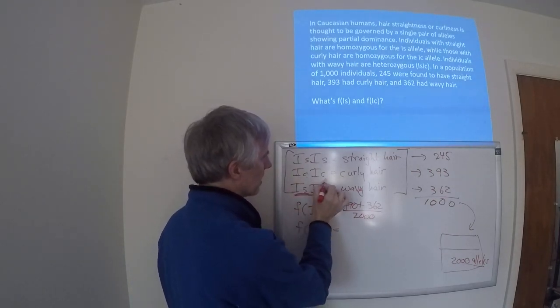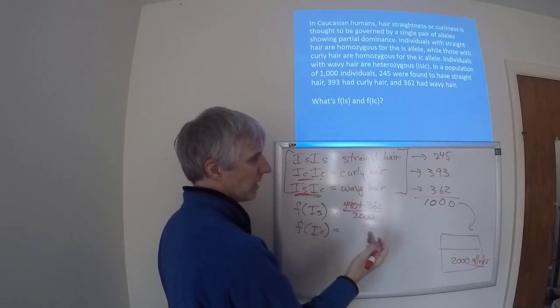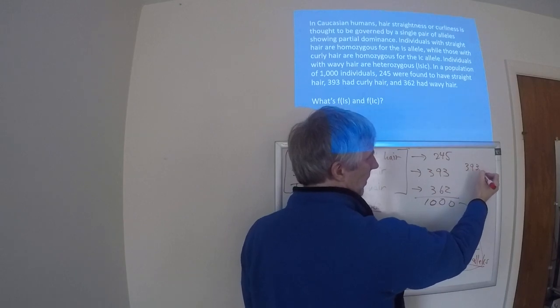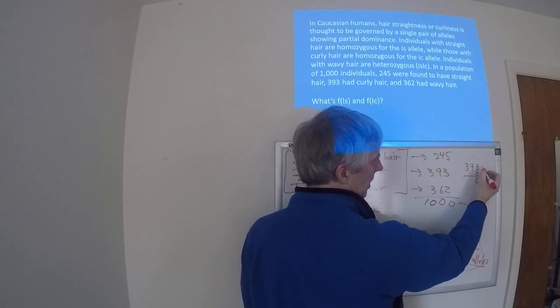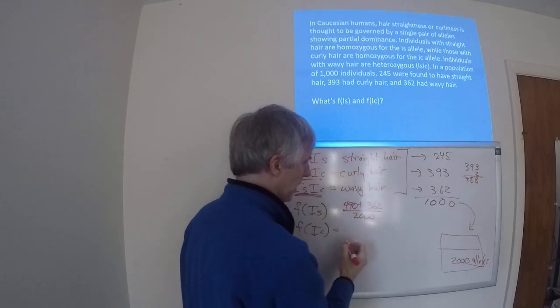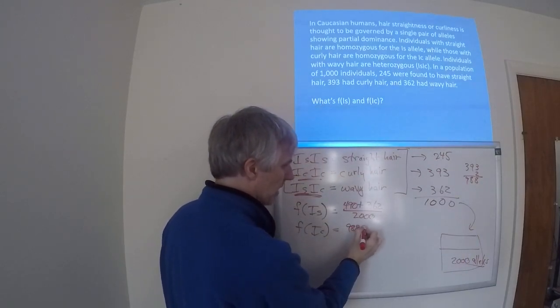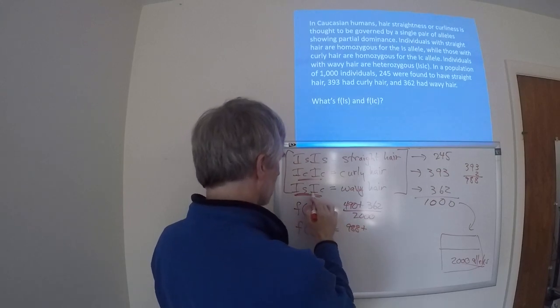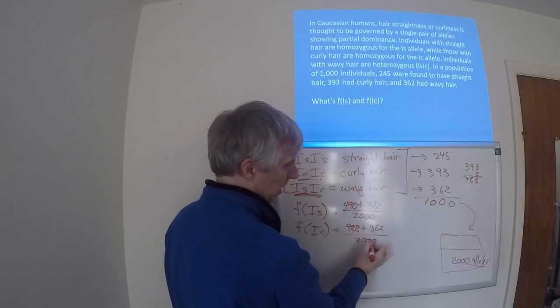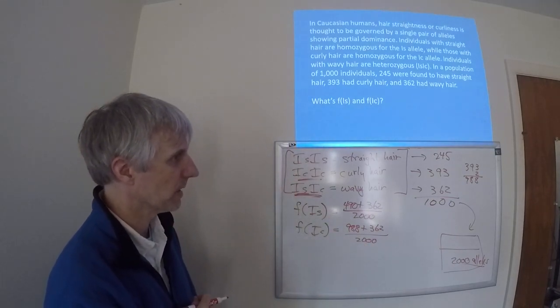I see these individuals, 393 of them, each contribute 2 alleles that are ICs. Plus the heterozygote contributing 1 each. That's 2,000 alleles.